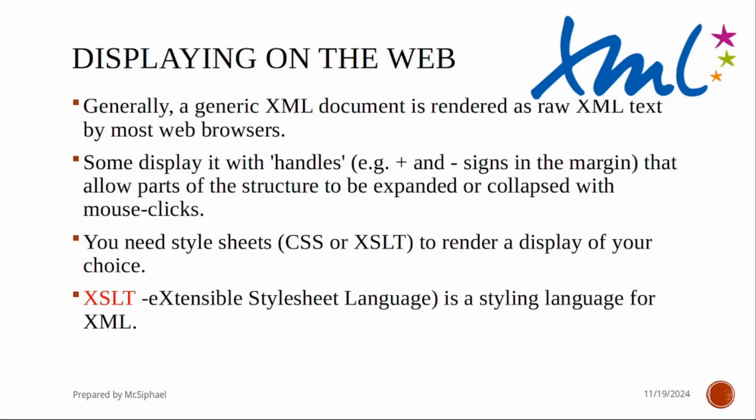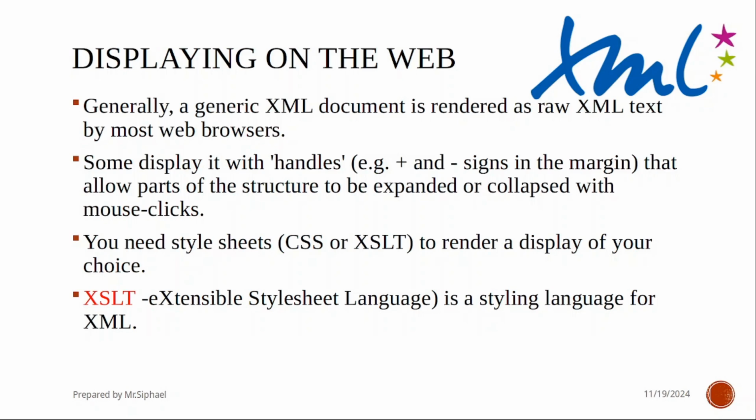So, displaying on the web. An XML document is rendered as raw XML text by most web browsers. You can see the web browser that I'm using, Chromium, and the way it's rendered.